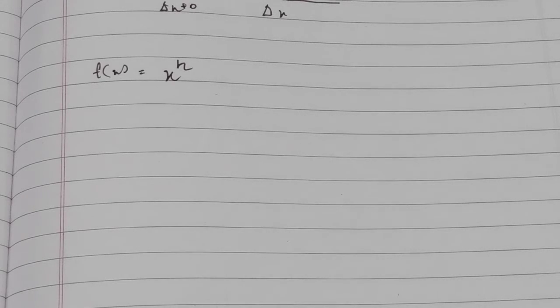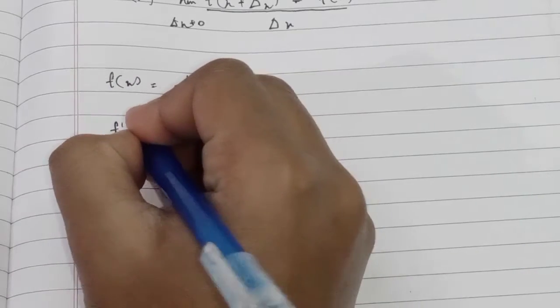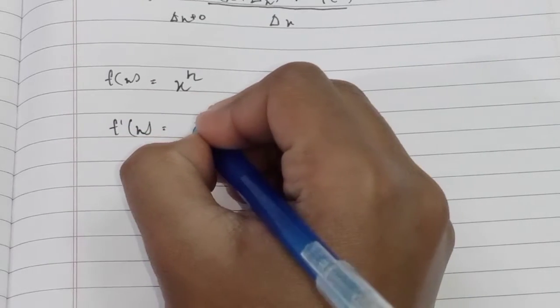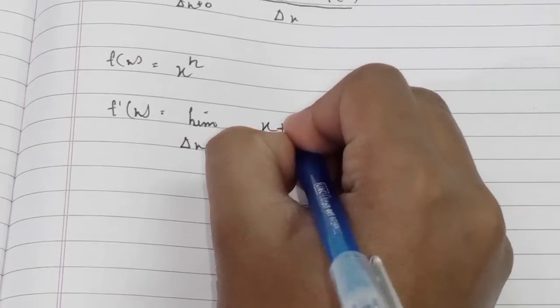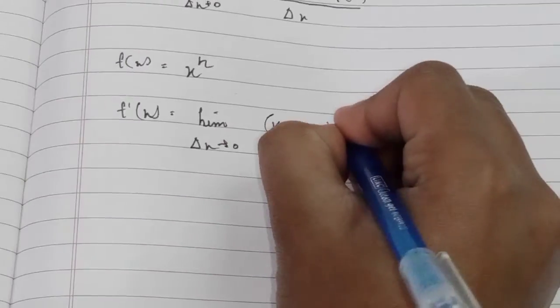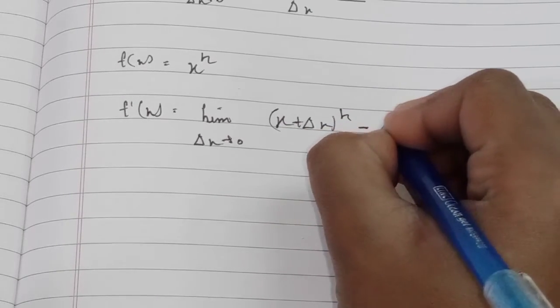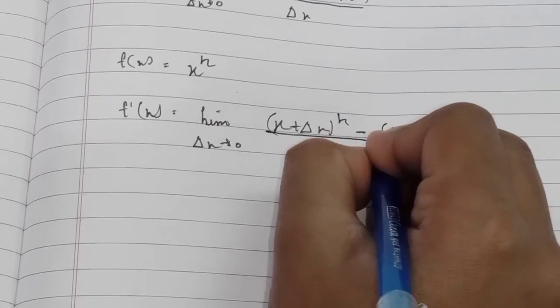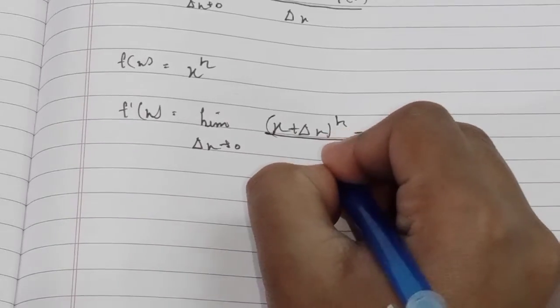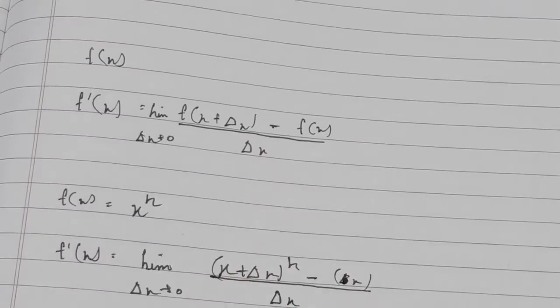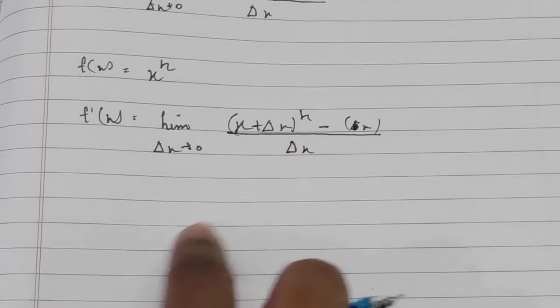Now if we find f prime of x, this is equal to the limit as delta x tends to 0 of f of x plus delta x, so this will be x plus delta x to the power of n, minus x to the power of n, all upon delta x, because it was asking for f of x.